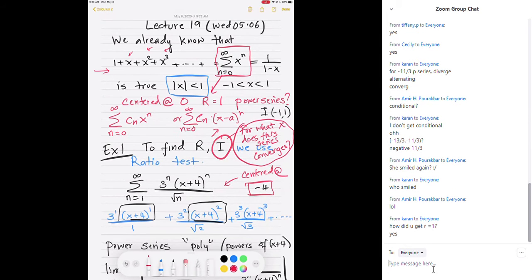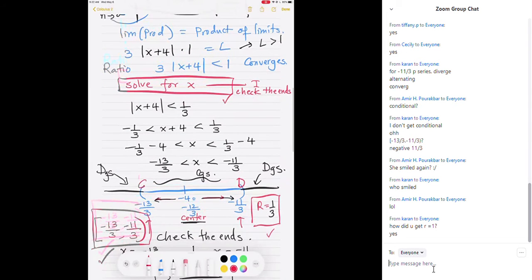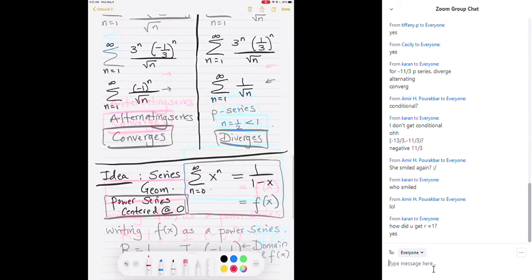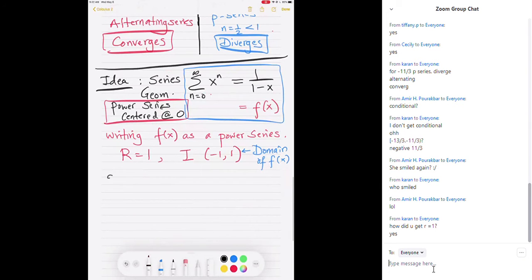Great. So if everybody is here, then the next question is, if I can write this function, can I write other functions as power series? And I'm not kidding, just pay extra attention to this because this is going to be the crux of your final. So can I write other functions as series? More importantly, why am I writing them?